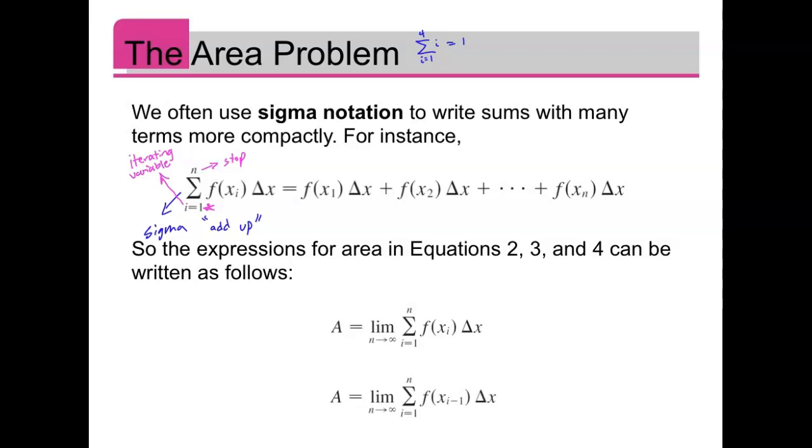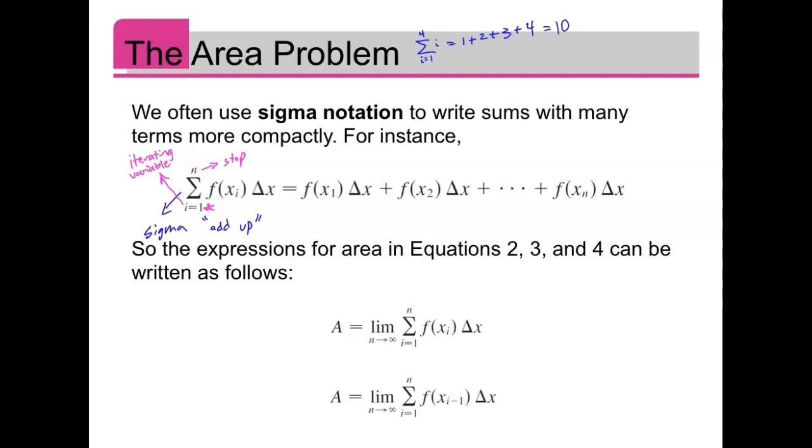Sigma means add. So 1 plus, what comes after 1? Not everybody at once. What comes after 1? 2. So then I would apply my formula. In this case, my formula is just i itself. 2, then iterate. After 2 is 3. Iterate. After 3 is 4. And I know to stop at 4 because that's my stop on top of sigma. So 1 plus 2 plus 3 plus 4 is 10. There you go.